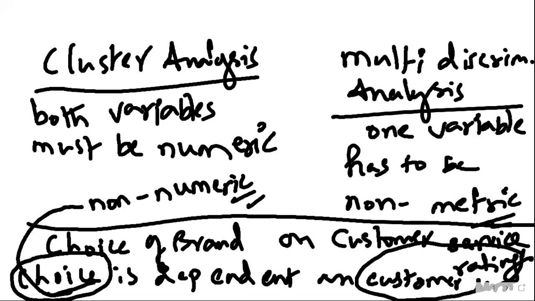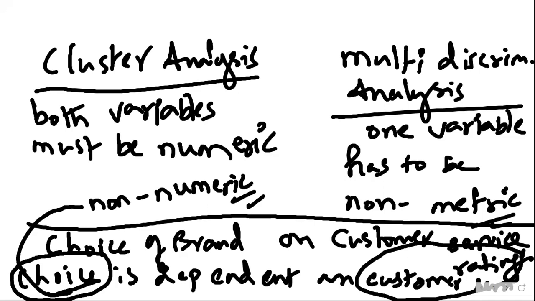Now, the first point is that classification of the respondents into 2 or more groups based on the value of the independent variable is being done. The discriminant analysis is described by the number of categories possessed by the dependent variable. So, based on the number of categories of the dependent variable, discriminant analysis is classified.